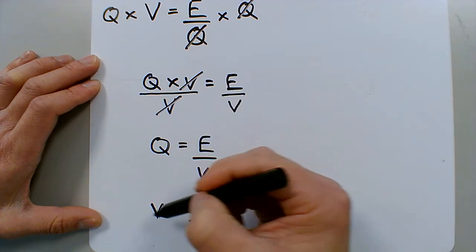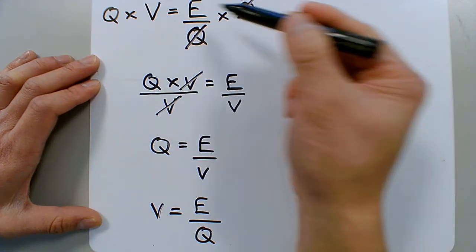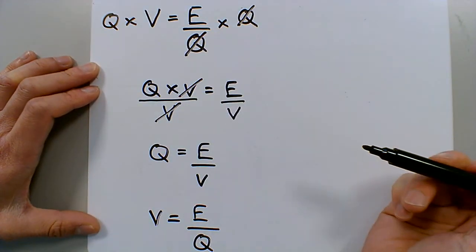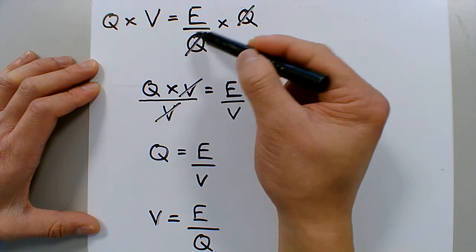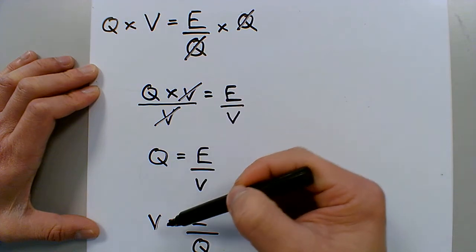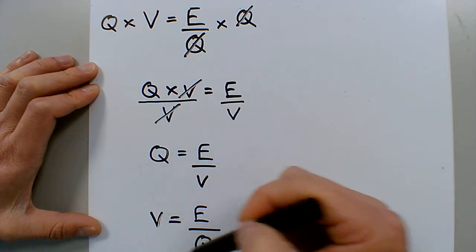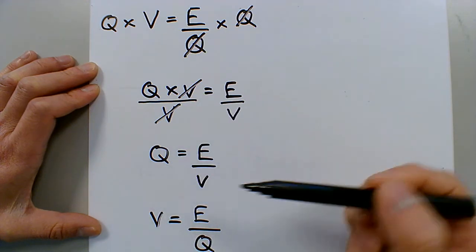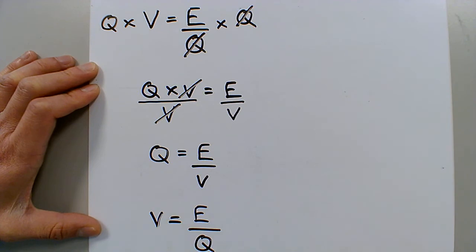So once you know how to do this and you're comfortable, in the future, if you're trying to find out what's on the bottom here, a quick and easy way is simply to flip these two around. Okay, but you first need to understand how we got to here from here.